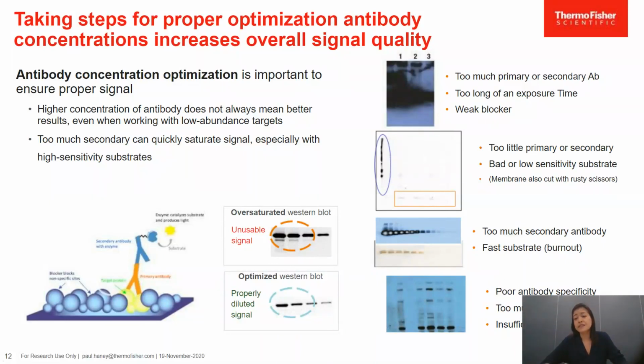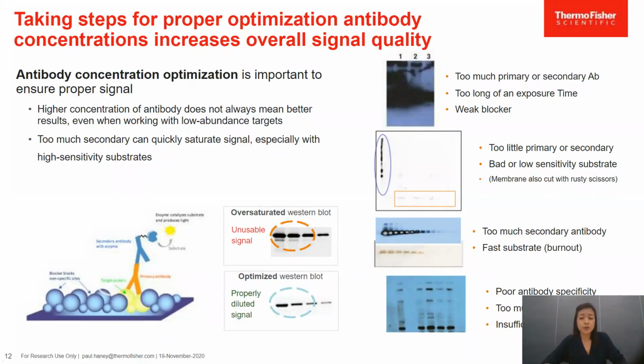On the right, you can see some undesirable effects that may be caused by using the incorrect antibody concentrations. In the first blot at the top, the very high background is likely because too much primary or secondary antibody was used, or exposure time was too long, or a weak membrane blocker was used.